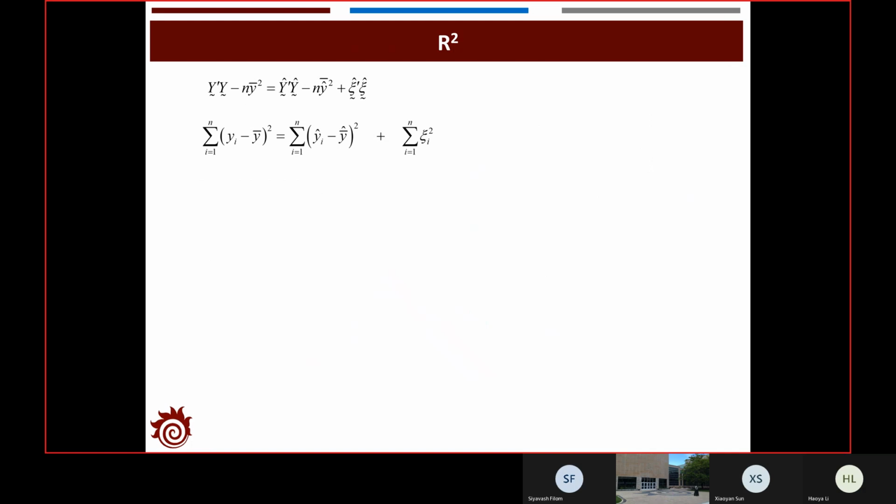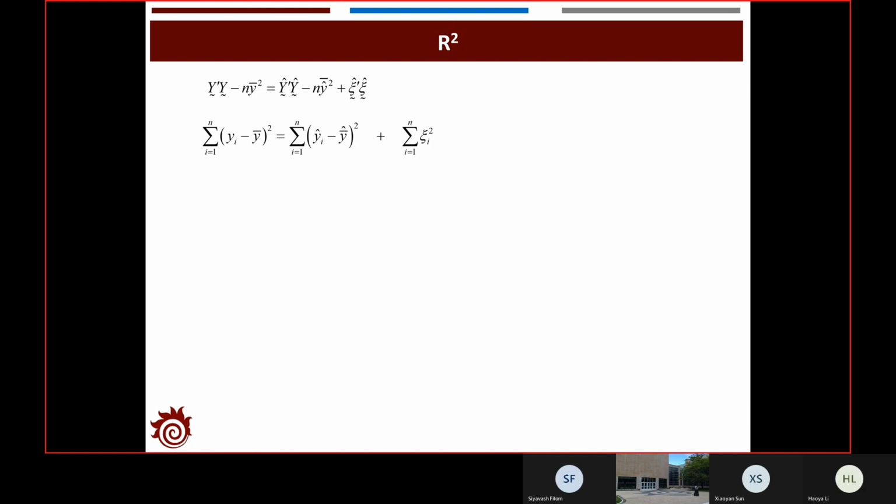Then for this one, you can get a simplification. Basically, y prime y minus n y bar square will equal the summation of (yi minus y bar) square. And similarly, you can find the equation on the right side for the estimated values.